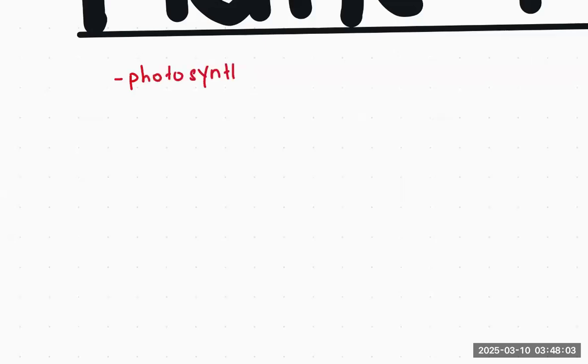is the process by which plants manufacture their own food.